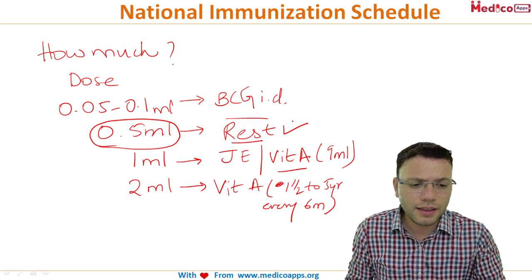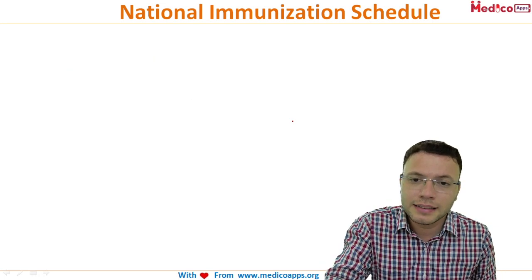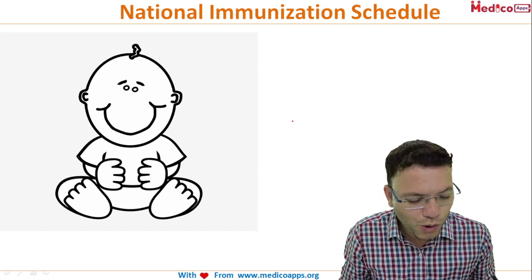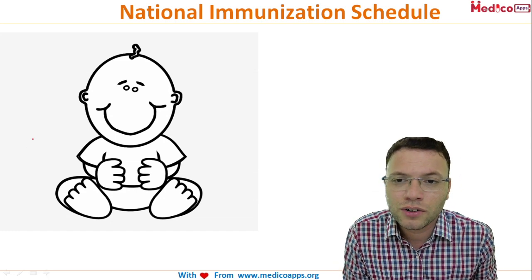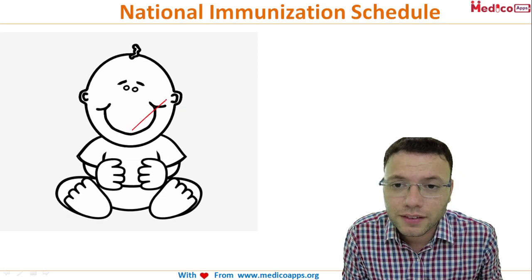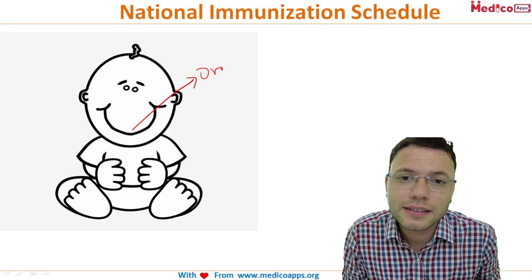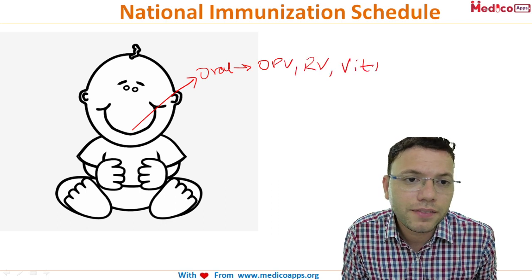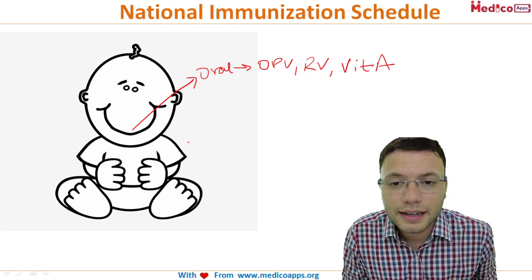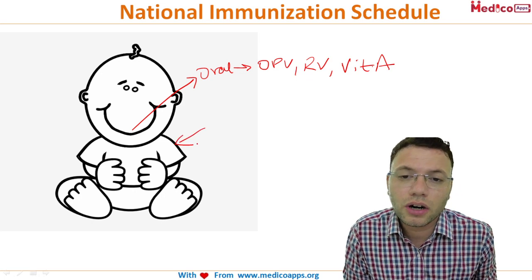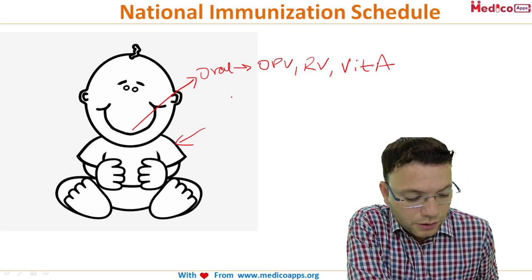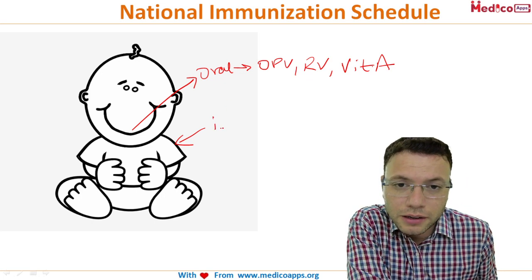Next, let us summarize by seeing a very cute little baby, what all we gave from birth to the age of 16 years. Orally what we are giving is, remember, OPV, rotavirus, and vitamin A. Then the first shot at birth is in the left deltoid region, that is intradermal.